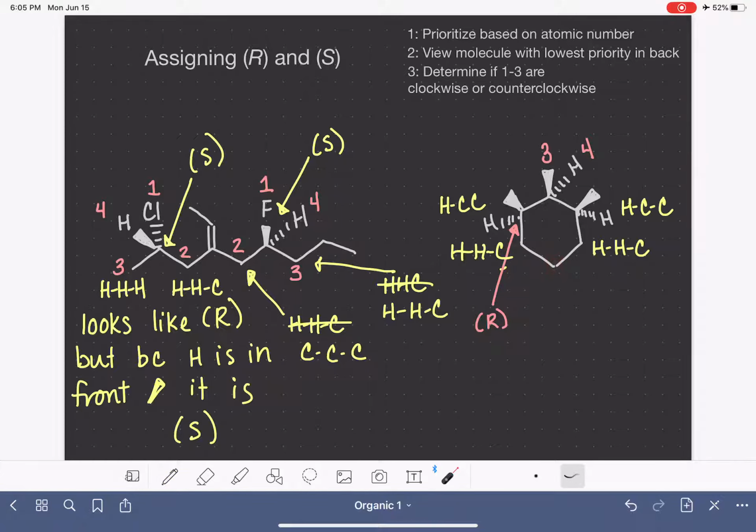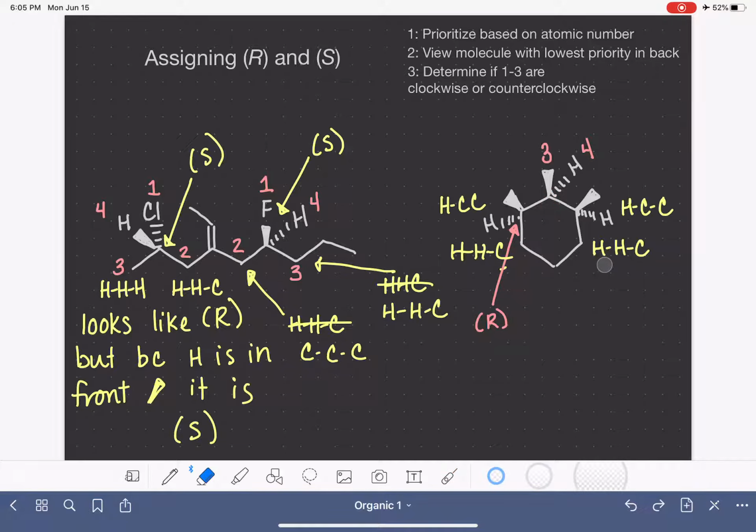Now when we move down to the next layer, they connect. And so what this means is that when we go this way around the ring versus when we go this way around the ring, we're never able to break the tie. This is because the left way around the ring and the right way around the ring are identical to each other. And when these 2 directions are identical, we know that this carbon here is not even chiral at all.